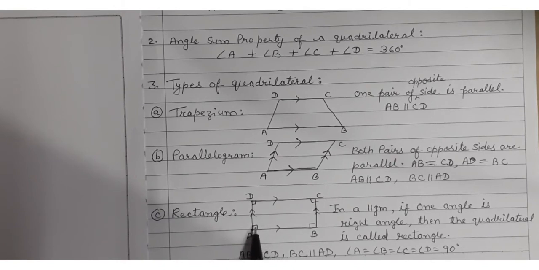It means if this is 90, then the opposite angle should be 90, and by co-interior angles the others should be 90. So angle A plus angle B plus angle C plus angle D should be 360, it is fixed. Individually, angle A equals angle B equals angle C equals angle D, each 90 degrees.